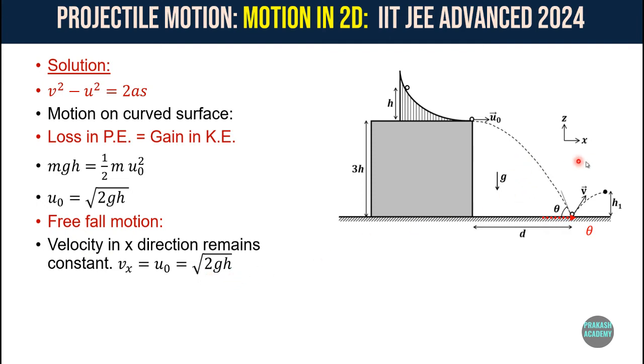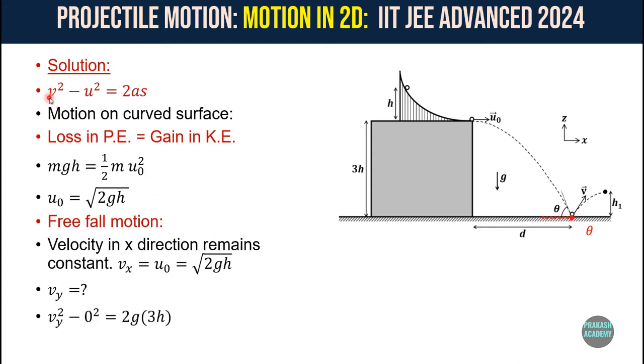Now in this problem there is no acceleration in the x direction, this is the x direction. So velocity in the x direction will remain constant. But how about Vy? The velocity of this ball in the y direction will increase. Vx will remain constant at all points, but Vy will increase slowly.